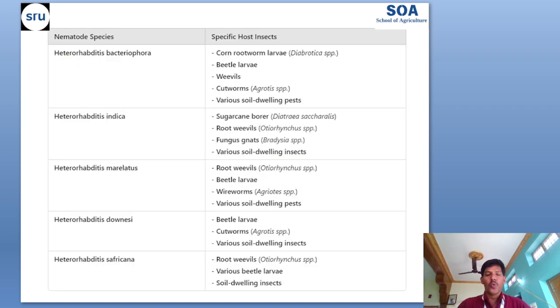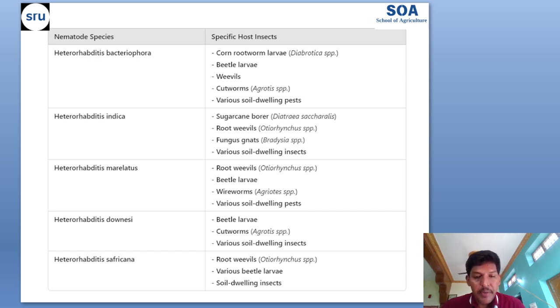Heterorhabditis bacteriophora is effective against corn rootworm larvae, beetle larvae, weevils, cutworms, and various soil-dwelling pests. Heterorhabditis indica is effective against sugarcane borer, root weevils, fungus gnats, and various soil-dwelling insects. Heterorhabditis marelatus is effective against root weevils, beetle larvae, wireworms, and various soil-dwelling pests.